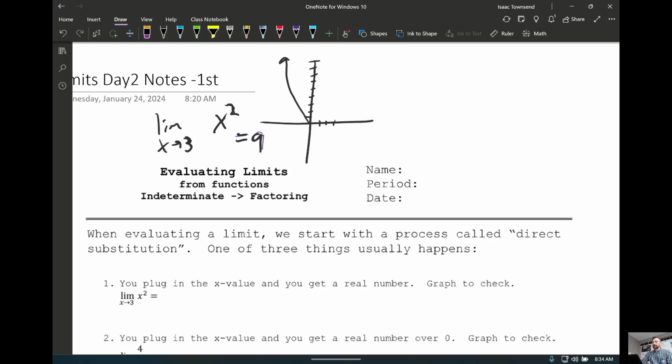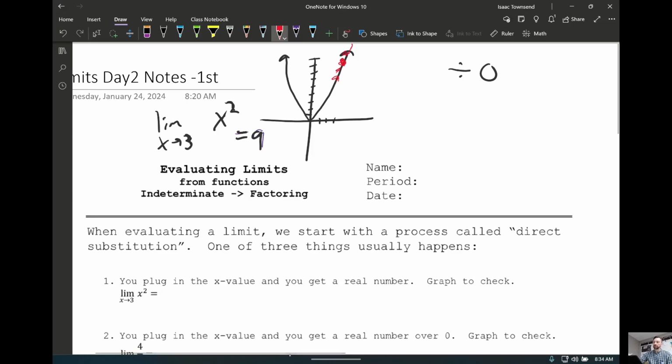But that being said, if it's a nice continuous function, to be continuous, it can't have any vertical asymptotes or holes, which occur when you try to divide by 0. Then the point is going to be there, and the values it approaches from the left and the values it approaches from the right will be what the point is.